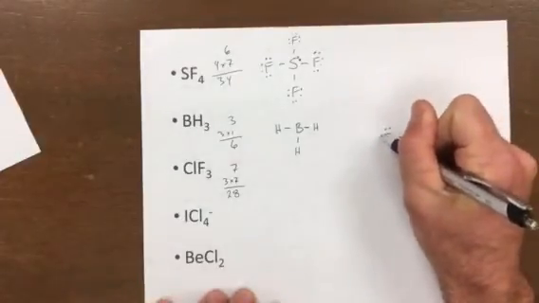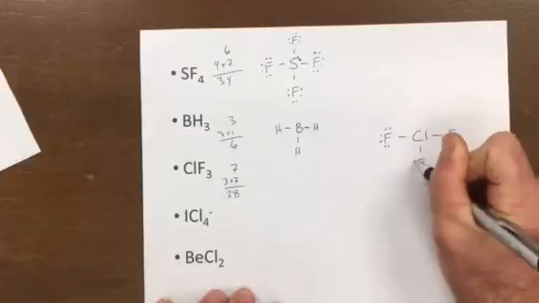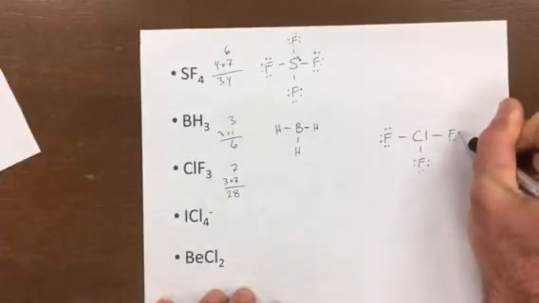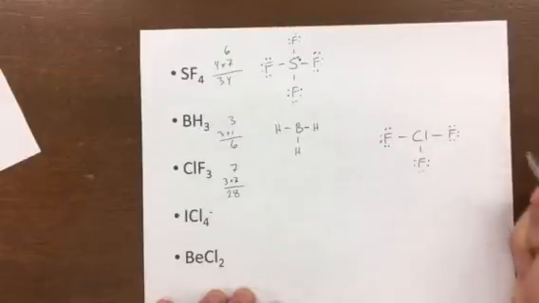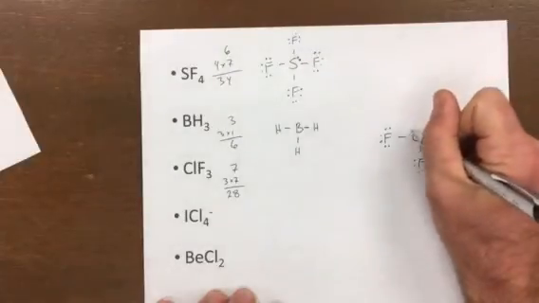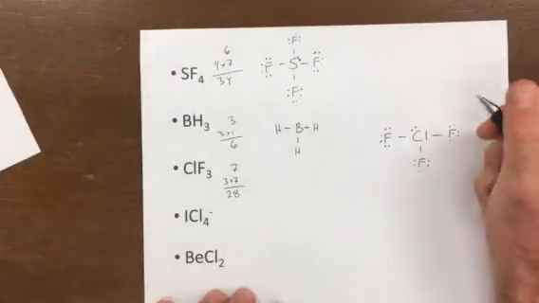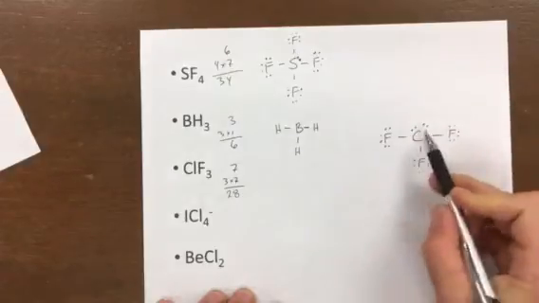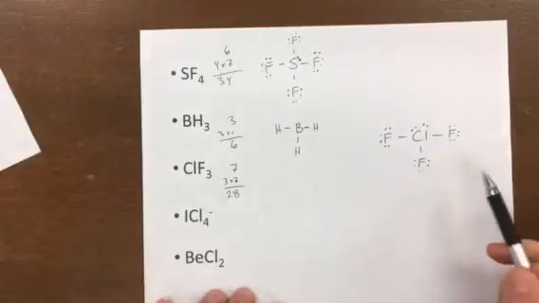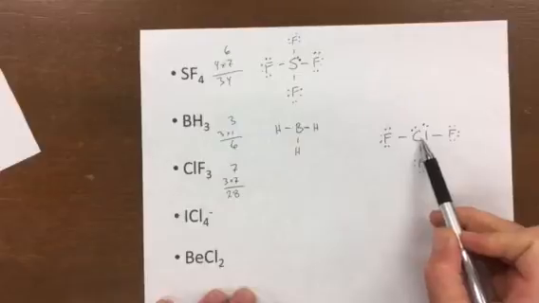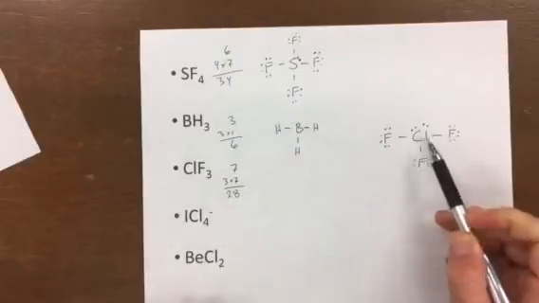So 7, 8, 9, up to 24. We've done 24 electrons, but we need to do a total of 28. So the extra electrons will go here, 25, 26, 27, and 28. This chlorine will have 2 extra pairs of electrons, giving it a total of 10. So the chlorine exceeds the octet. That's okay because it's the central atom, and chlorine is in the third period.